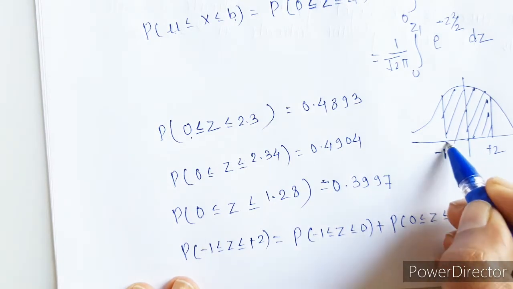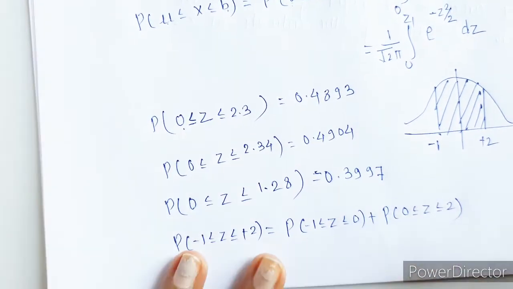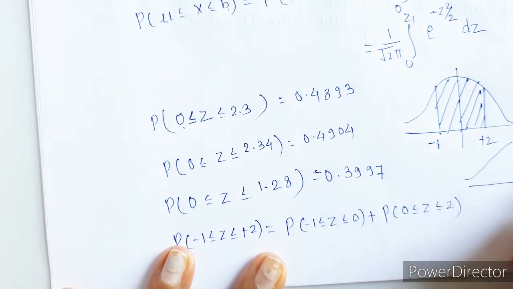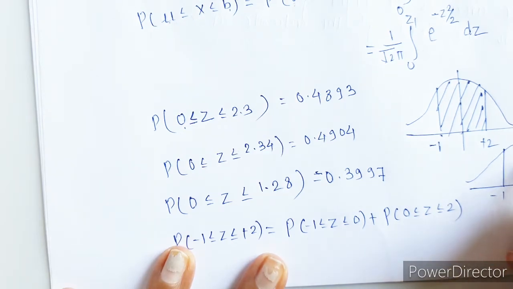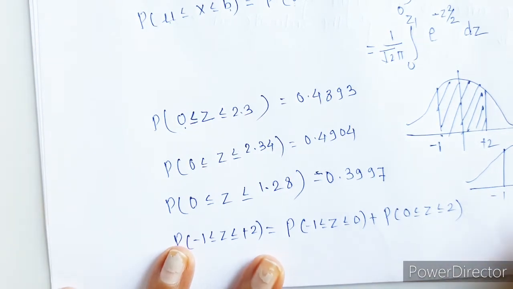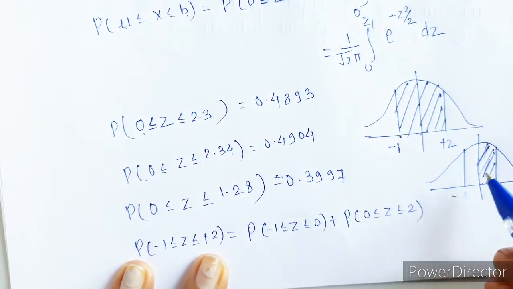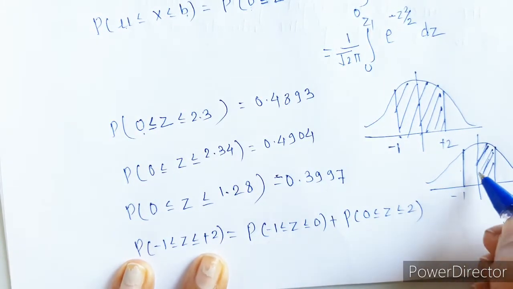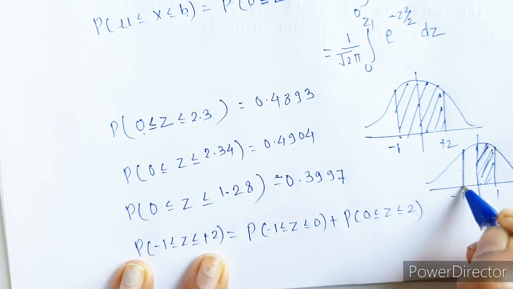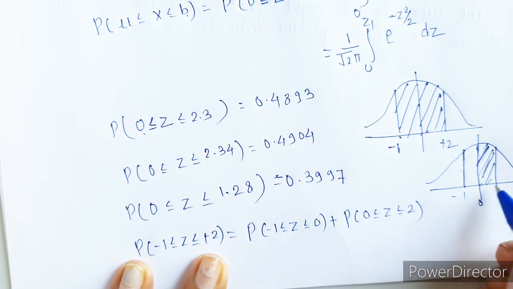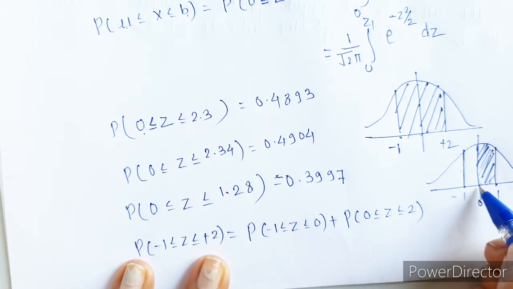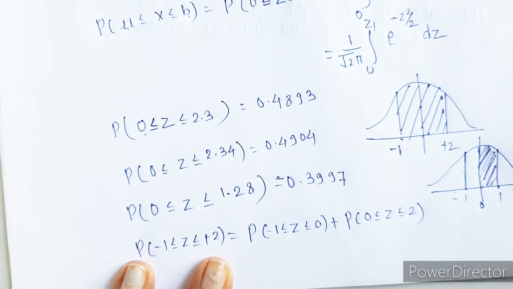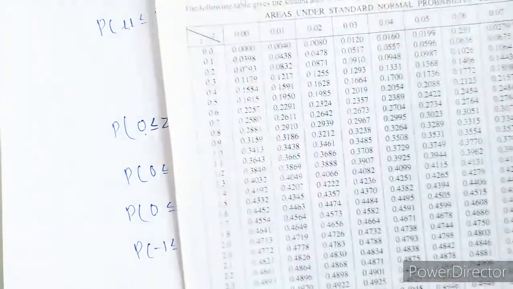The area from 0 to -1 is nothing but the area from 0 to 1, since it is a symmetric curve. So this area is nothing but this area. Instead of finding this part, we can find this part, and whatever the area is, it is the area from 0 to -1. So let's look at the area from 0 till 1.